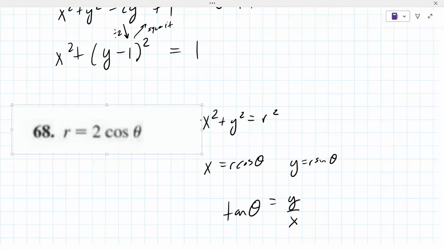So it'd be r equals 2x over r. Okay, good. So you're going to clear that r by multiplying both sides by r.